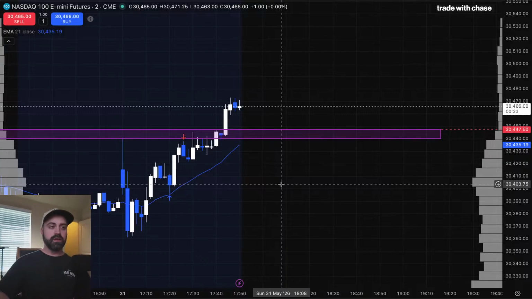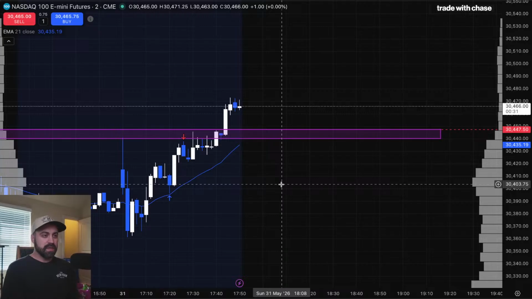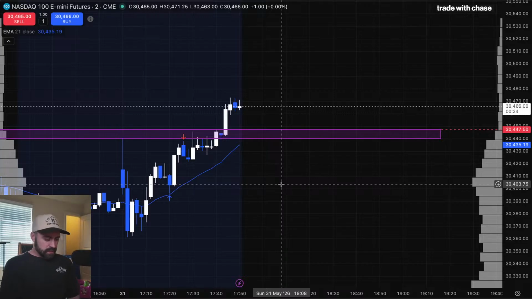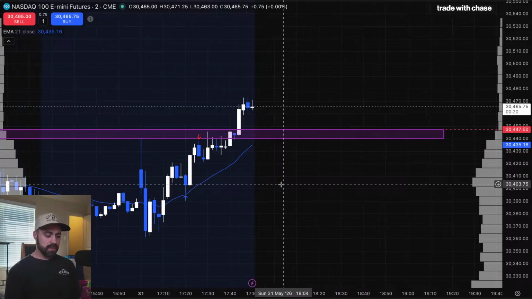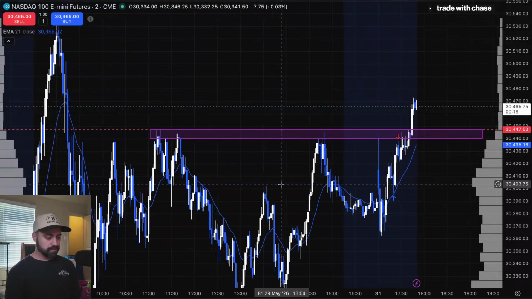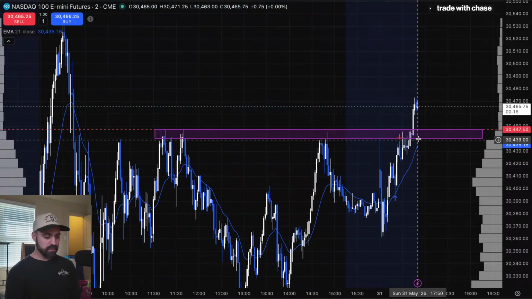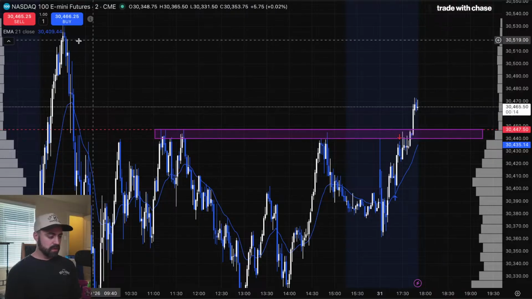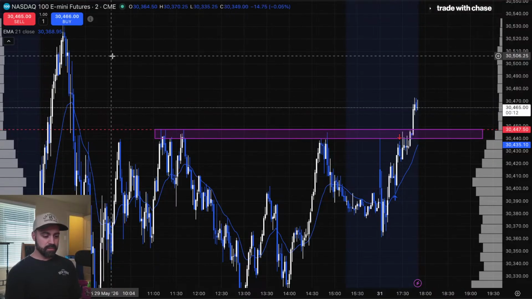I'm going to wait for that blue line to get into that box and price to come down to it. Not a guarantee, but it would be a good setup. And then we've still got room. We can ride it up before we get to this high up here.